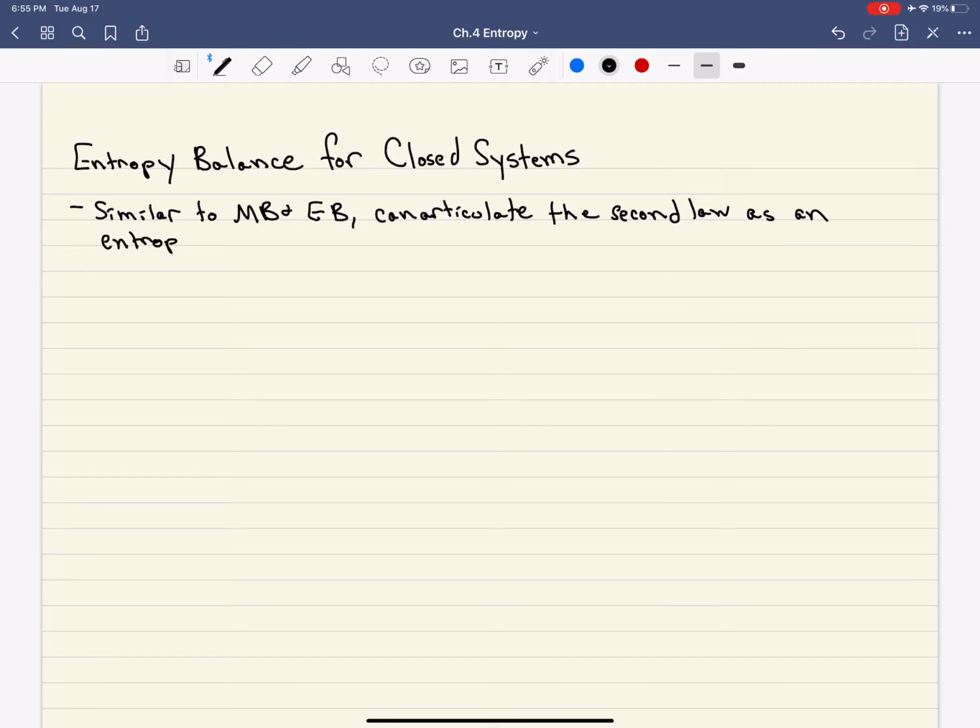And so when I talk about entropy balances, I'm going to use the abbreviation SB. Okay? All right, and so we're first going to talk about entropy balances for closed systems. Once again, a closed system is a system in which you have no mass crossing the system boundaries.